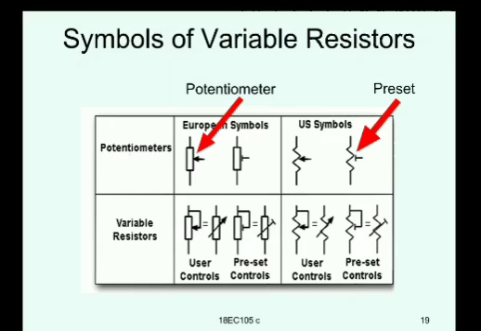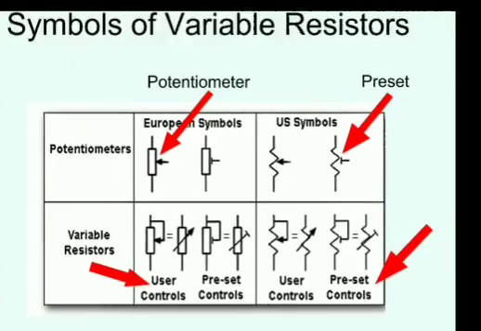That means it is variable but will be fixed. That is used to indicate a preset in circuit diagrams. Normally the variable resistors are used for user controls, and the other ones are preset control symbols.